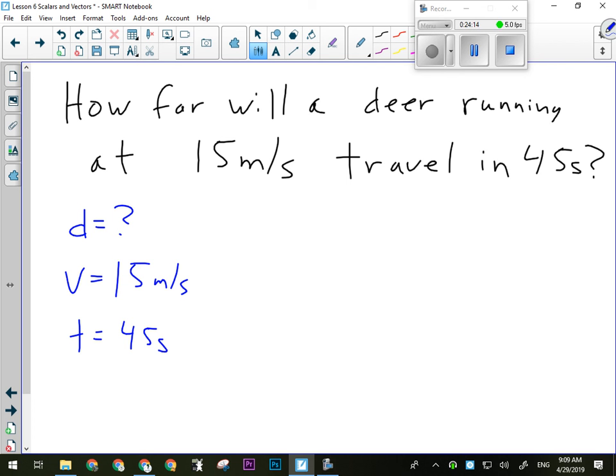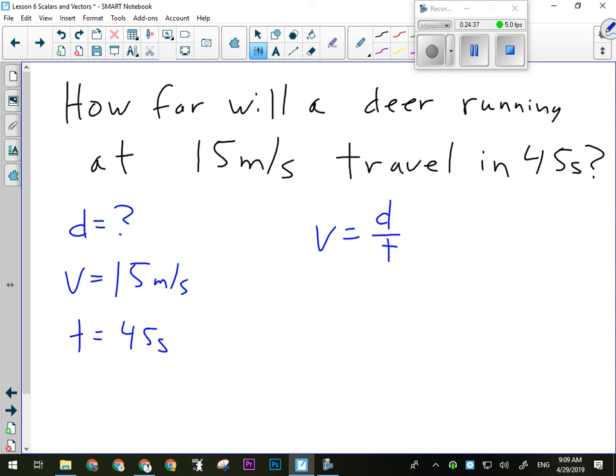So I have to understand what units represent what when I'm going through an equation, so I can recognize what variable these things represent. I'm looking for d. I have v and I have t, which means I'm probably going to be using this formula, especially since I haven't taught you any others yet. So v equals d over t, speed equals distance divided by time.